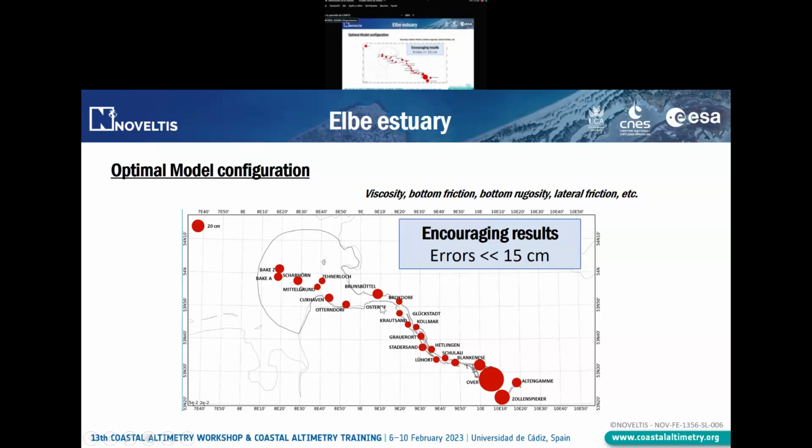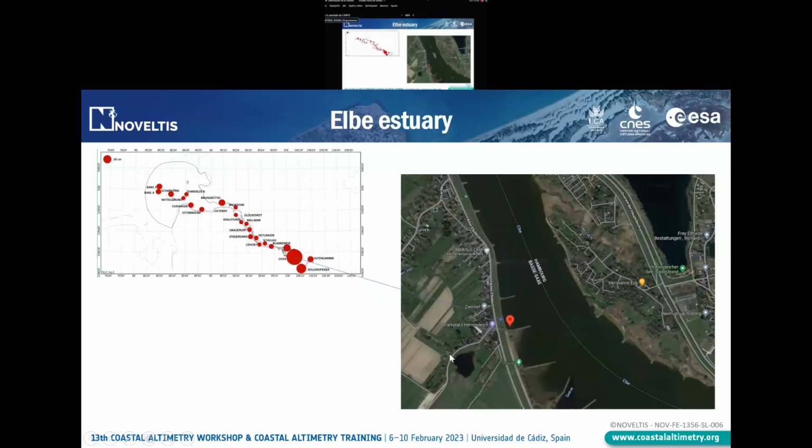That is very good, except for these two stations. That's the problem. These two stations have a kind of split barrier that introduces a very difficult dynamic in the Elbe flow that the model cannot reproduce.